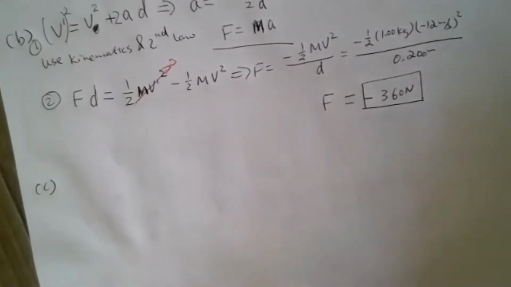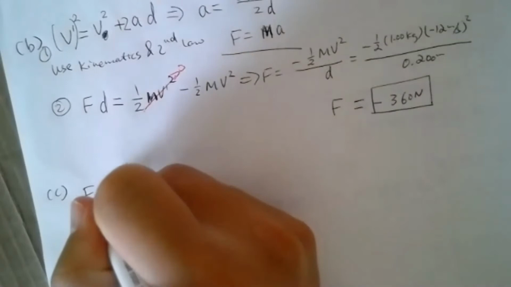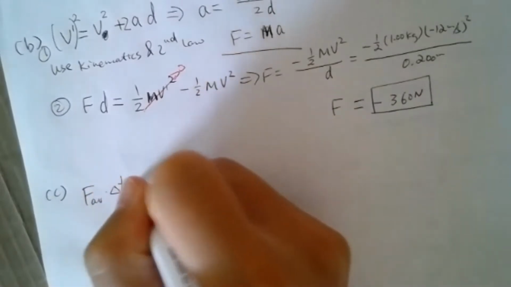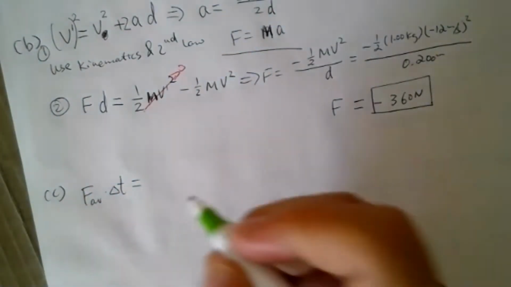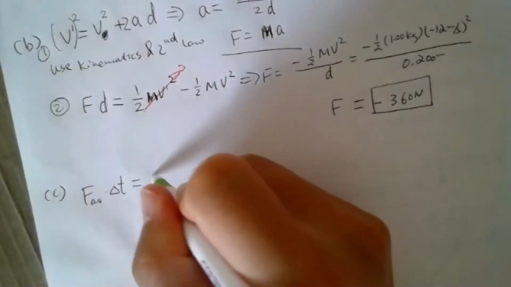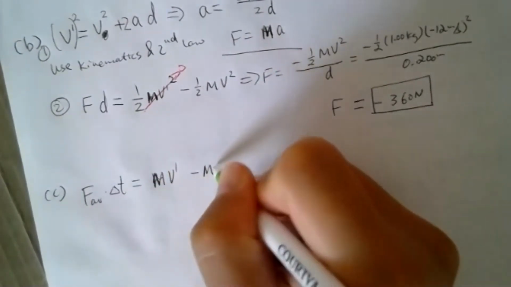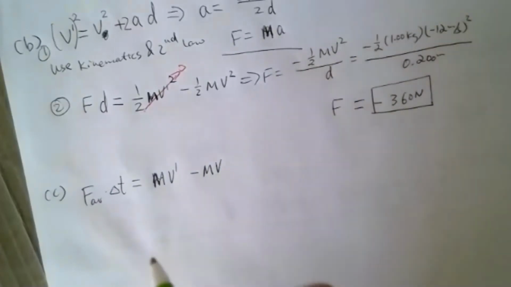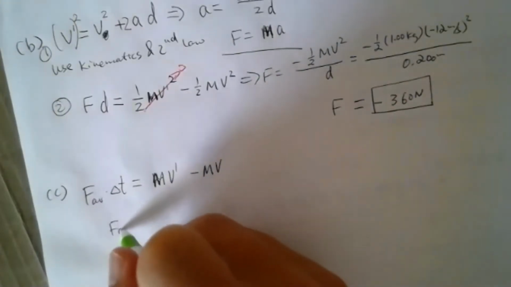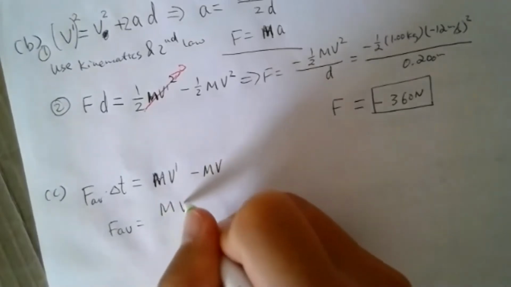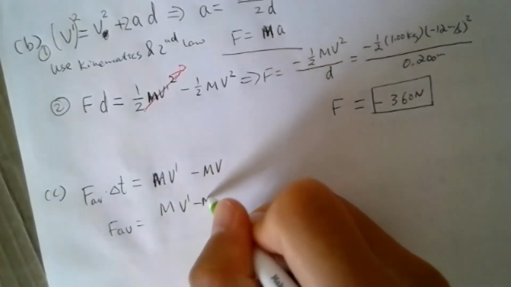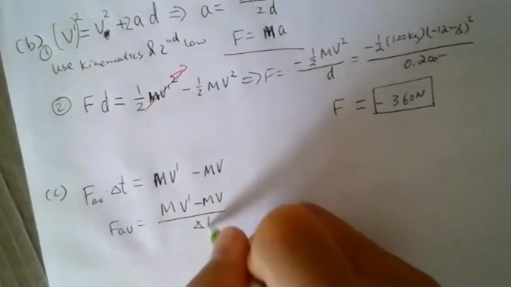You use the average force times delta t, the impact time, which equals the change in momentum, capital M v prime minus capital M v initial. So the average force equals capital M v prime minus capital M v, divided by delta t.